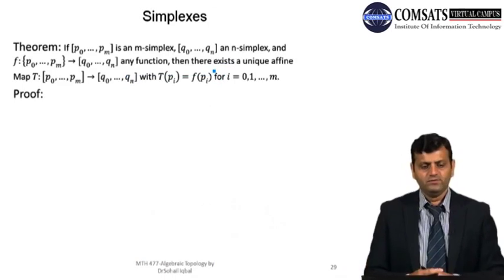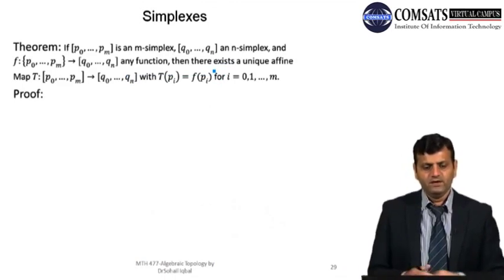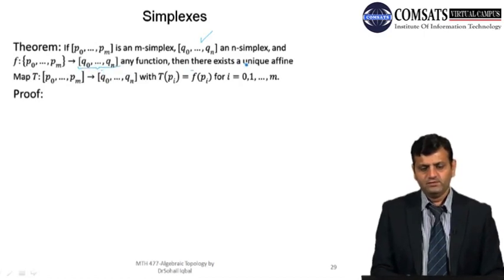Our last result of today's lecture is: if we have an m-simplex generated by these points P0 up to Pm, and if we have another n-simplex with vertices Q0 up to Qn, and if we have a function from P0 up to Pm to Q0 up to Qn, from this set to this simplex, then there exists a unique affine map such that this holds.